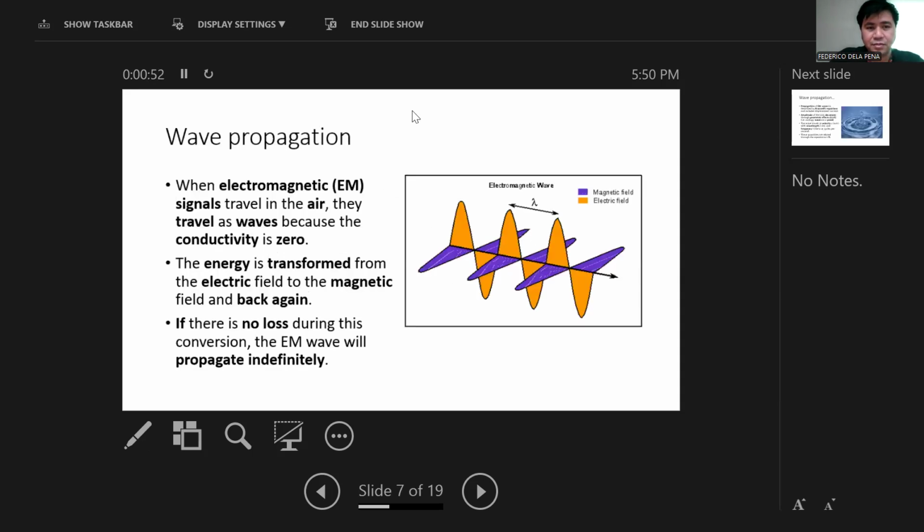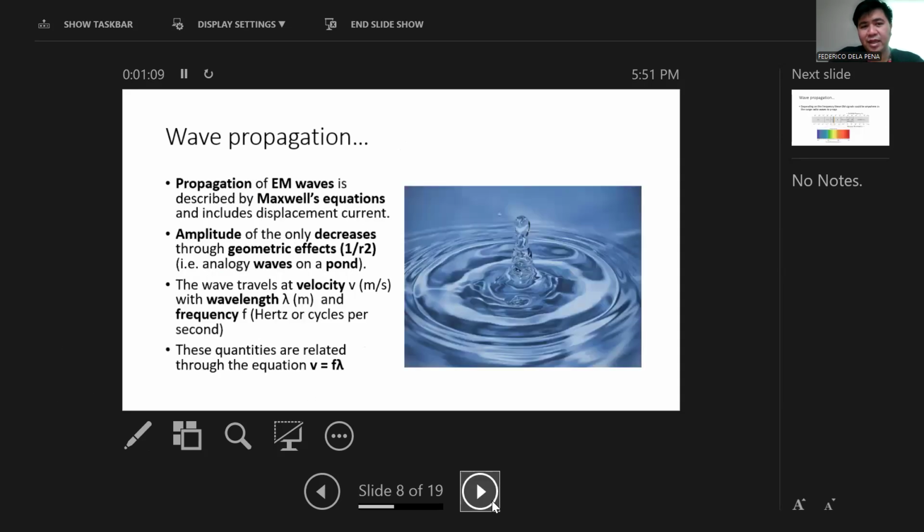For electromagnetic methods, what we are doing is we are essentially propagating electromagnetic signals. So what are the examples of electromagnetic signals? I'm sure you're familiar with that.